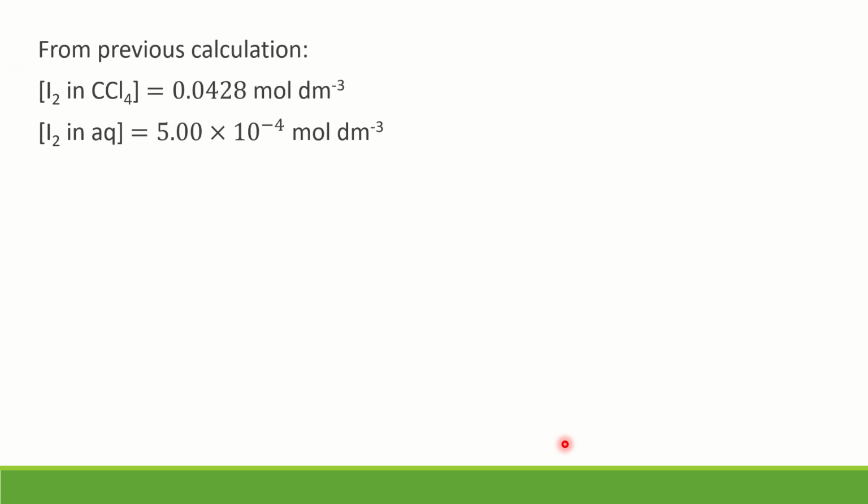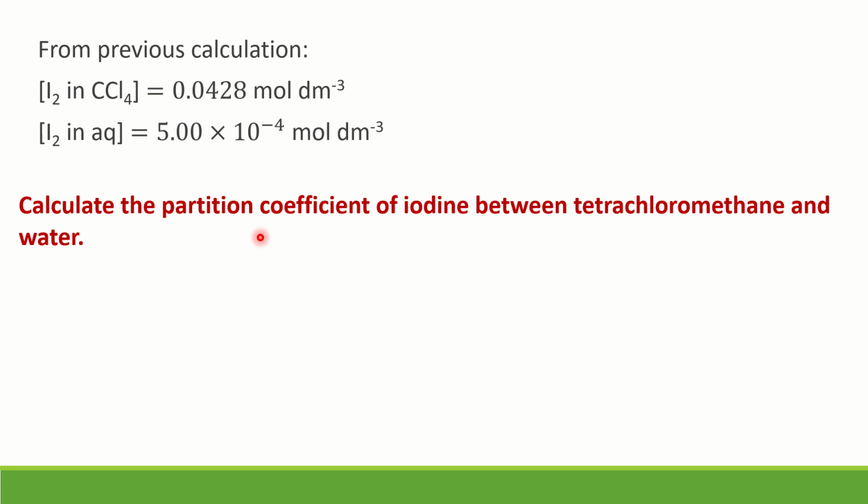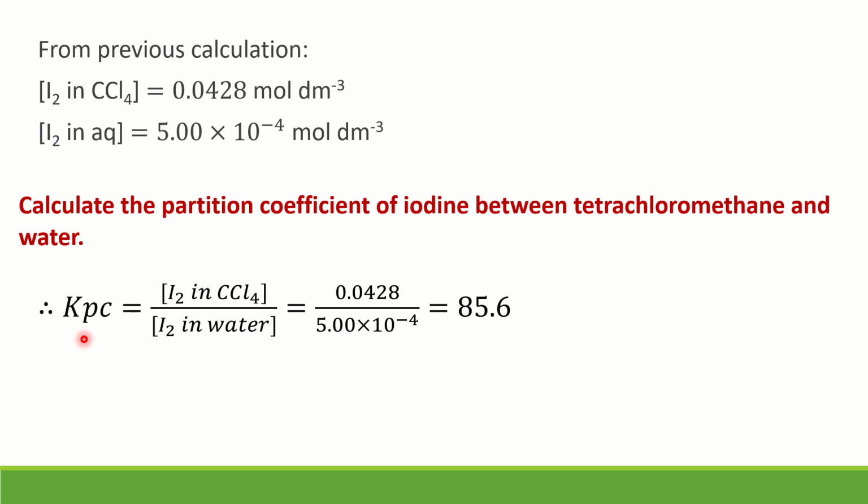And after that, you can answer this question, the partition coefficient of iodine between tetrachloromethane and water. Kpc is equal to the concentration of iodine in CCl4. Why CCl4 on top? Because you mentioned tetrachloromethane first before the water.